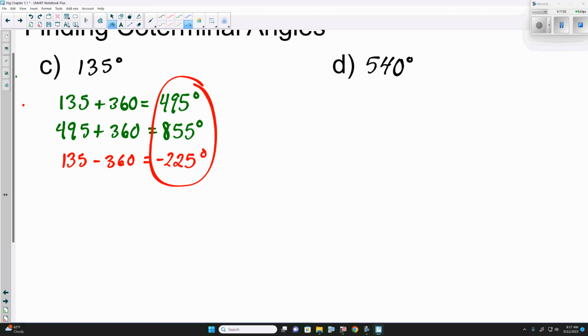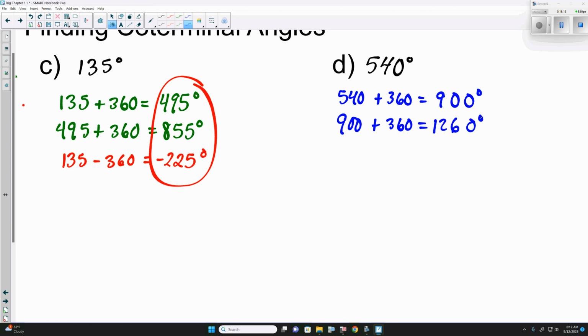And we can do the same thing with 540. I can add 360 to it, which gives 900. And we can do it again. We can say 900 plus 360, which is 1260. So we found 2 positive angles, yes?